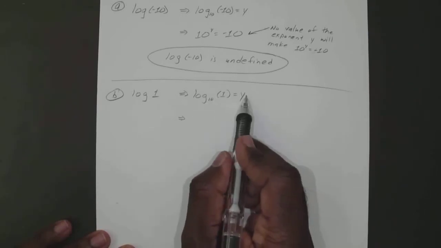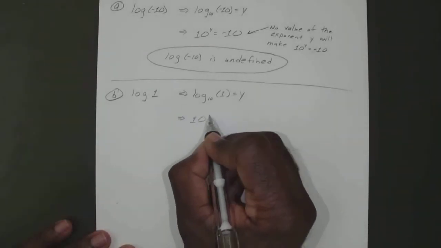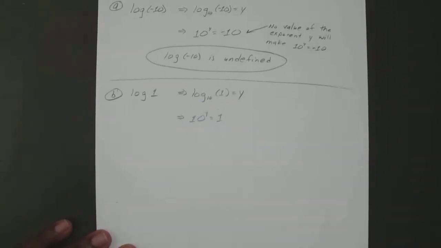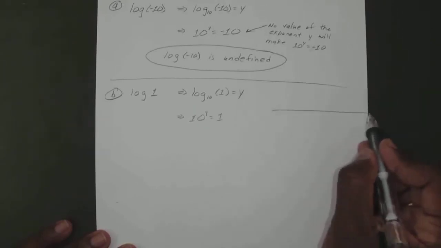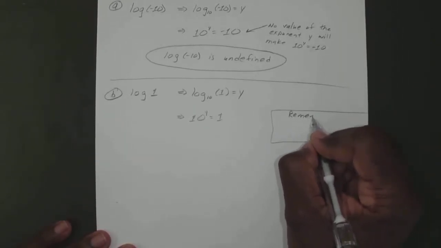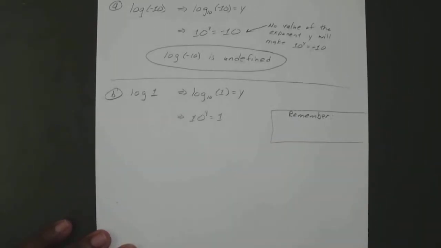Okay, so we have our base to the power of y equals 1. So 10 to the power of y equals 1. And whenever you have that equal to 1, all you have to do is remember that anything to the power of 0 is going to equal 1.